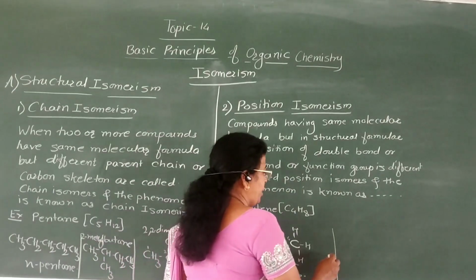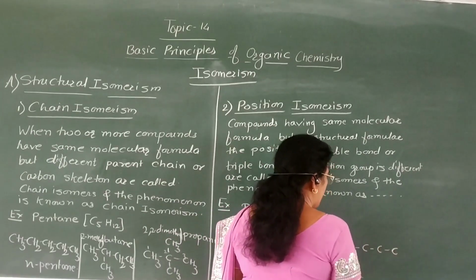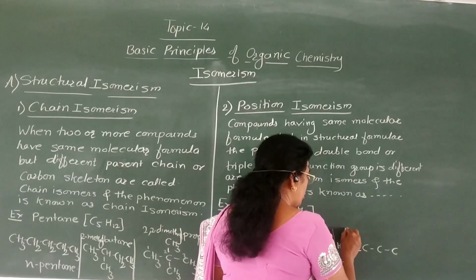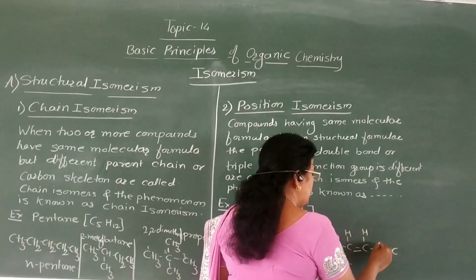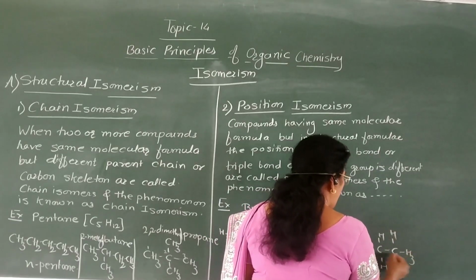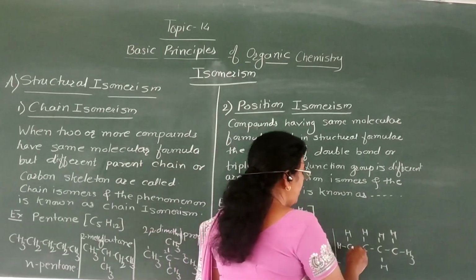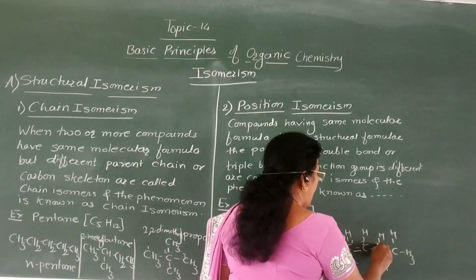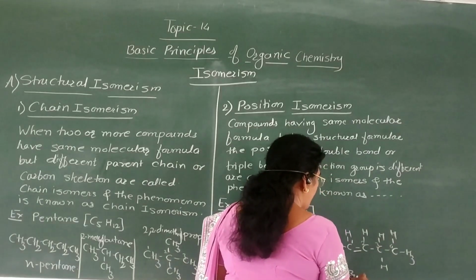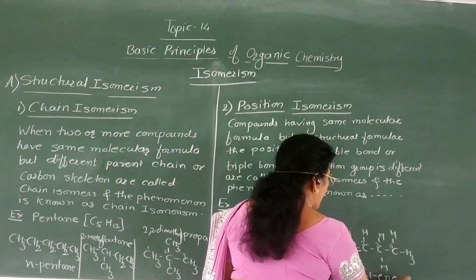And in the second isomeric form, the position of the double bond is changed like this. Here there is a double bond: CH2 double bond CH, CH2, CH3. Here there are 4 carbon atoms and the double bond is present in between the 1 and 2 number carbon atoms. Therefore it becomes but-1-ene.